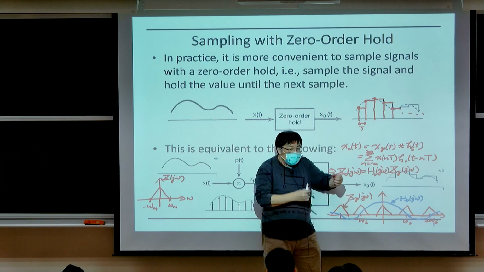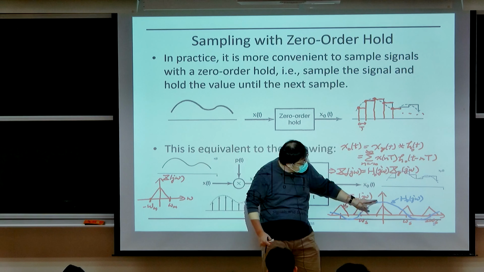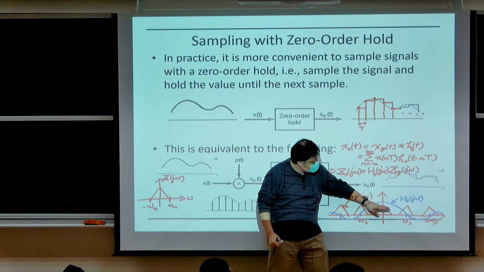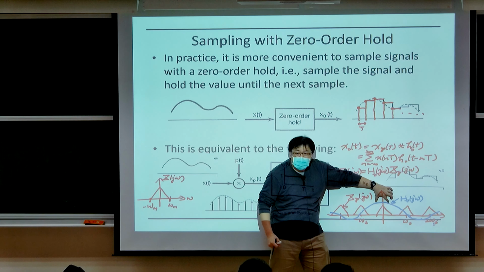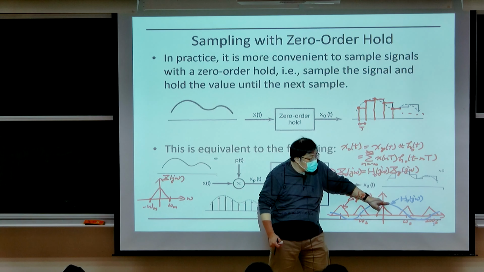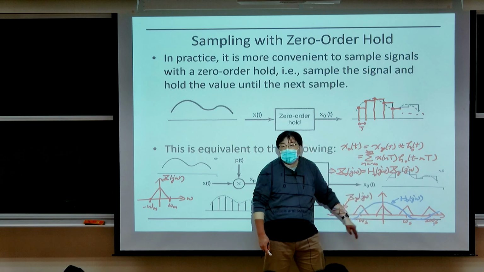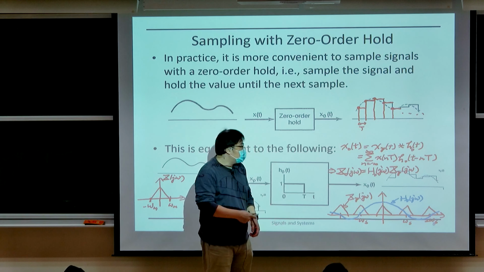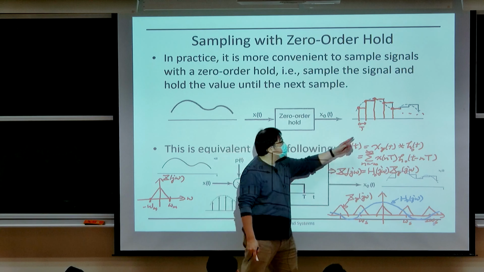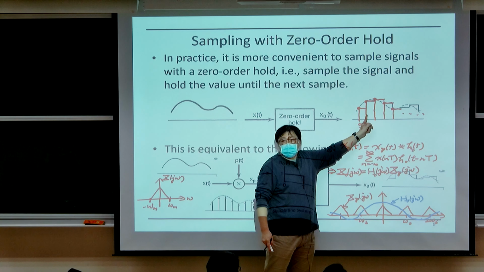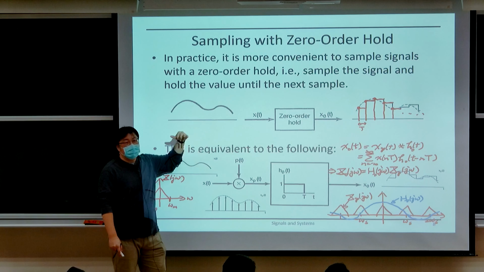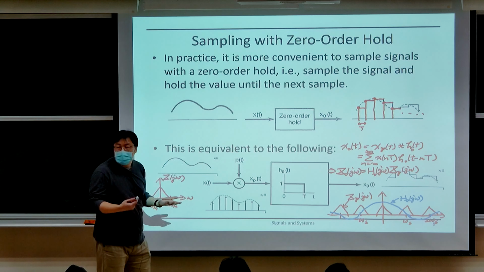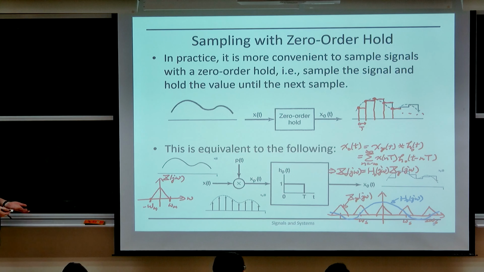And if you stretch it out enough, this curve will become closer and closer to a flat region when you just look at this region. So sometimes for convenience, you just sample faster and use the sample and hold signal directly as an approximation of the original signal x of t, without having to pass it through another recovery filter, HR.